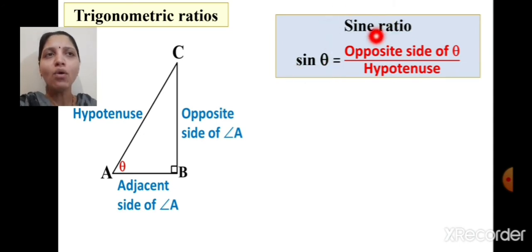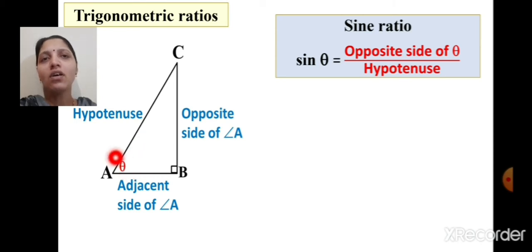Now which sine ratio you have to find? For that we have to consider angle A, because angle A we have denoted by theta. It can be denoted by alpha, it can be denoted by beta. These are the Greek symbols to denote the acute angles. You can use theta, alpha or beta.